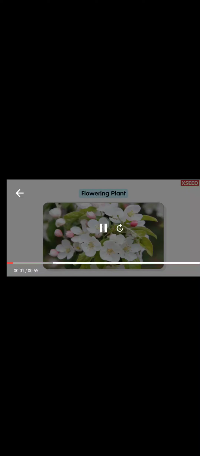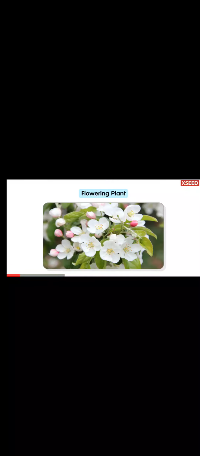All flowering plants have flowers, while non-flowering plants do not have flowers. Sunflower, hibiscus, daisy, and bougainvillea are some flowering plants.